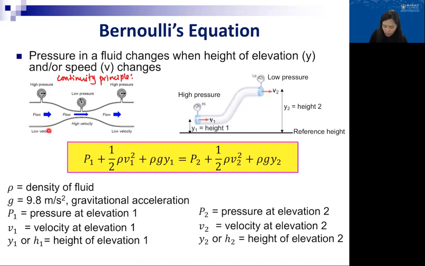So here, bigger area, you have low speed, and here, smaller area, you have high speed. When the speed changes, the pressure of the fluid will also change. When the speed is low, the pressure is high. So low speed means high pressure, and high speed means low pressure.